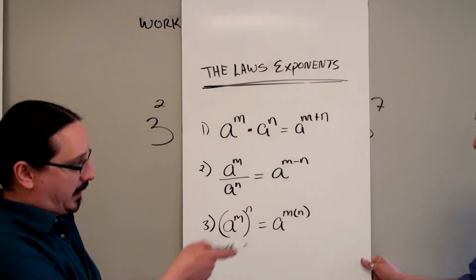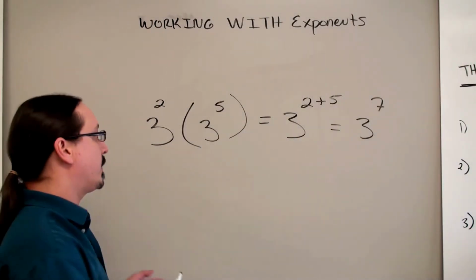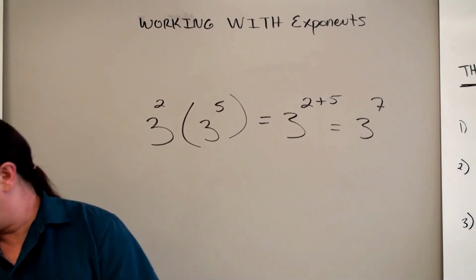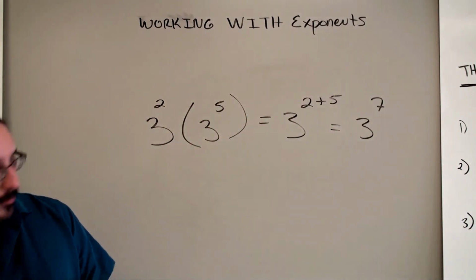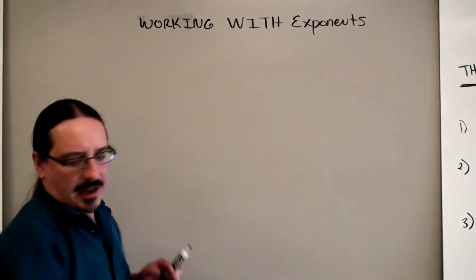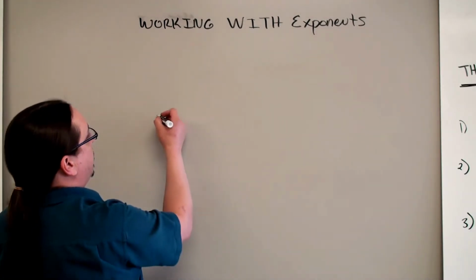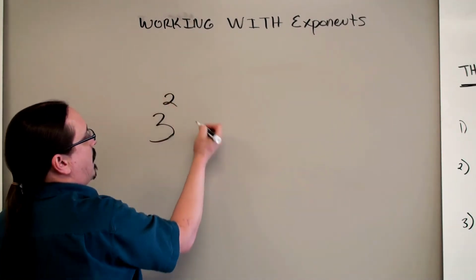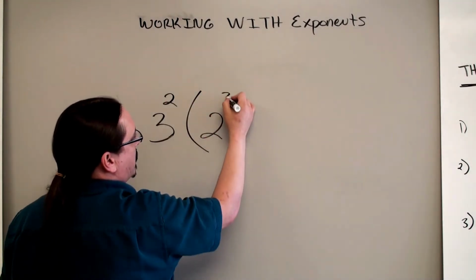And you came up with an example over there that I had never thought of that could be confusing. So let's say we have 3 squared, and we're multiplying this by 2 to the 3rd.